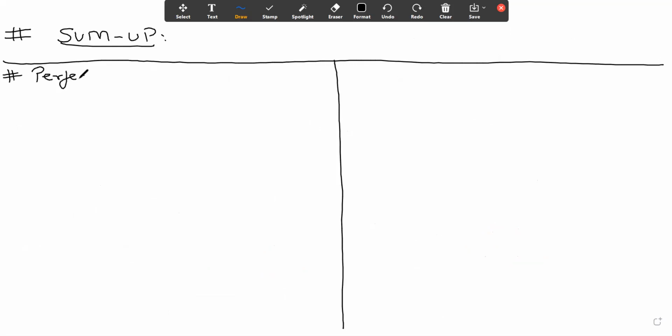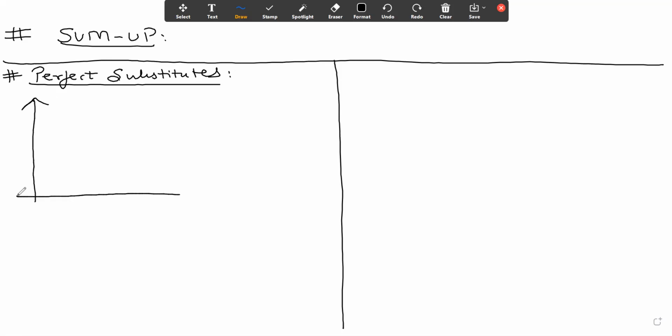In case of perfect substitutes, our indifference curves are downward sloping straight lines. Good X, good Y. This is one indifference curve I've drawn.